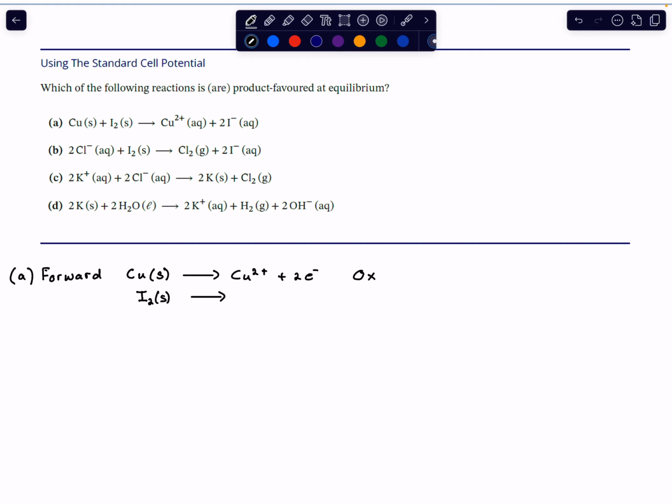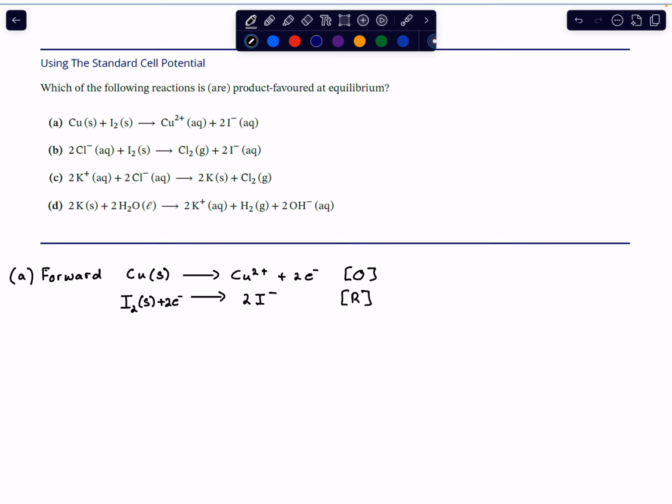It needs to gain electrons: I2 solid will need to form 2I minus, and it will need to gain 2 electrons to undergo this process. We can actually write it as such. So that is what happens in the forward case.